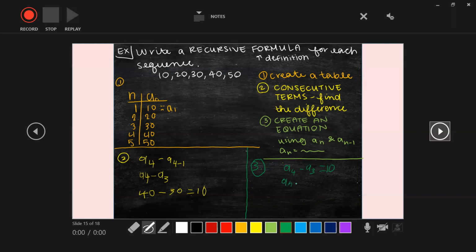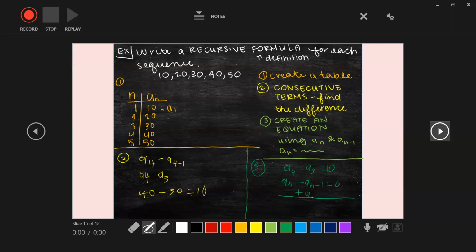But we called a sub 4 a sub n, and we called a sub 3 a sub n minus 1, being equal to 10. Don't forget your little 1 there.